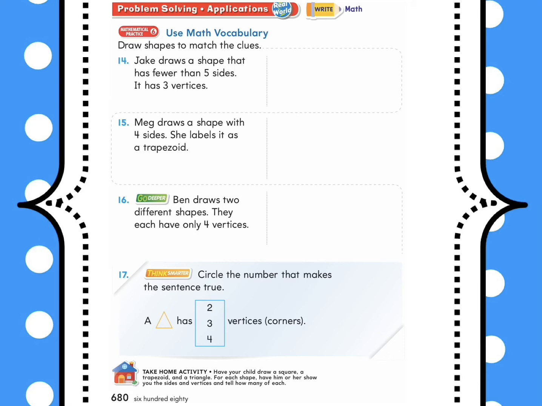Now, when they said that it has fewer than 5 sides, I thought about a square or maybe a triangle or a trapezoid. But when they said it has 3 vertices, so of course the answer will be excellent, the triangle. And we can draw many different shapes of the triangle.